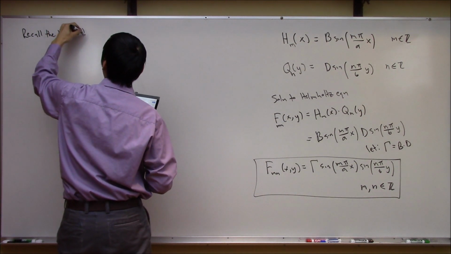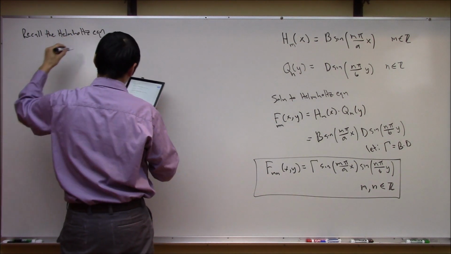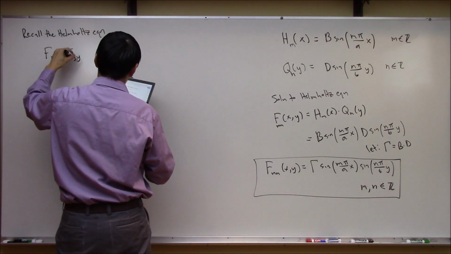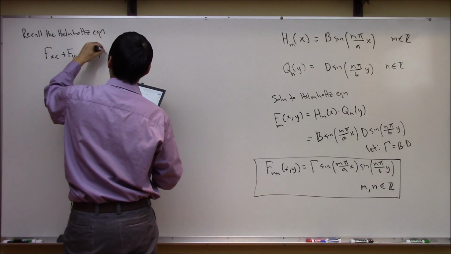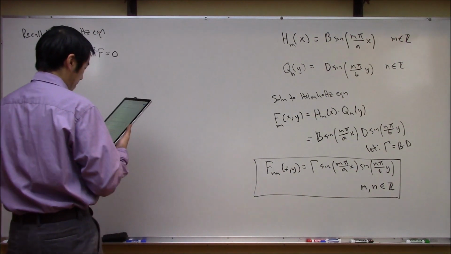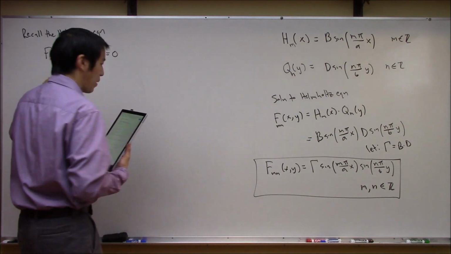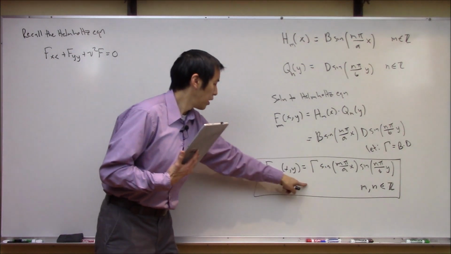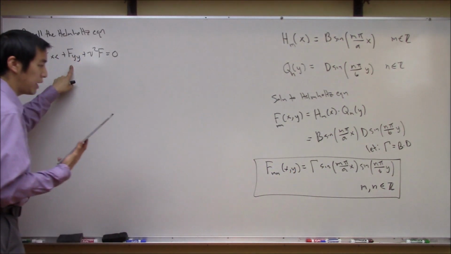The Helmholtz equation, right? This thing was something like fxx plus fyy plus nu squared f is equal to 0. Right? Okay, so what we better do now is stick this expression into our PDE here.